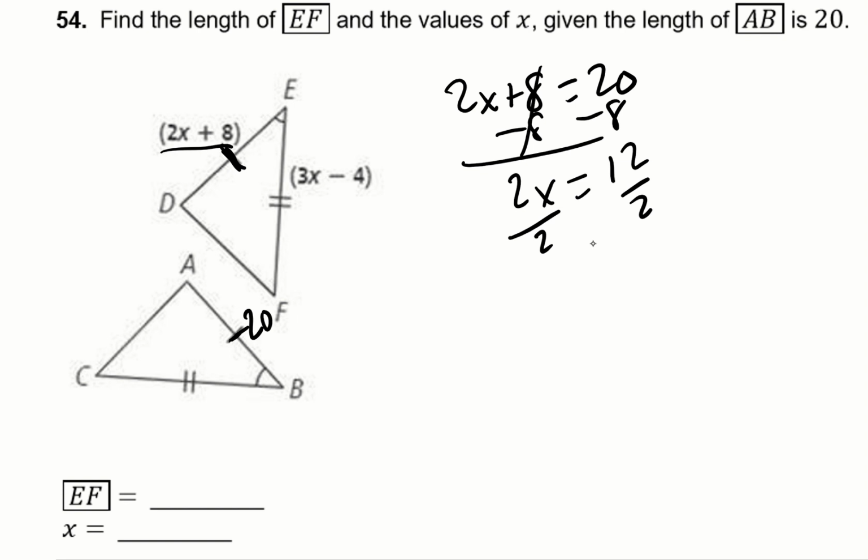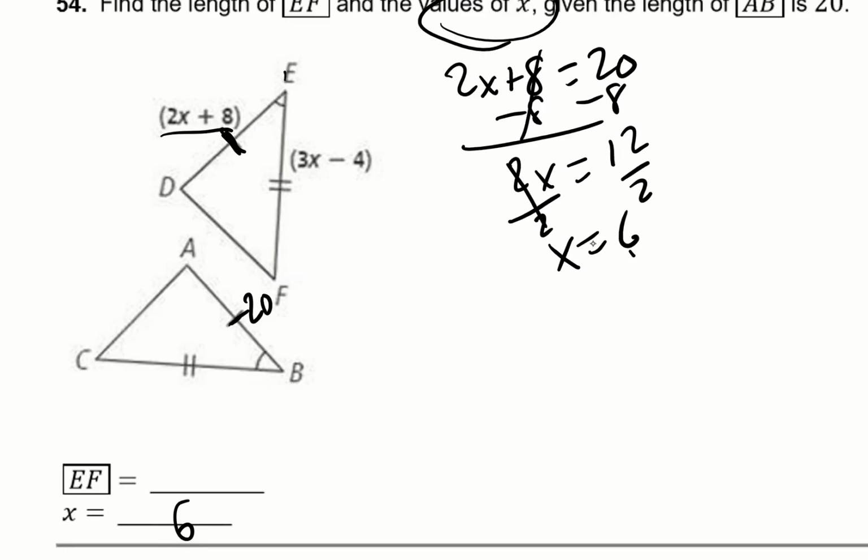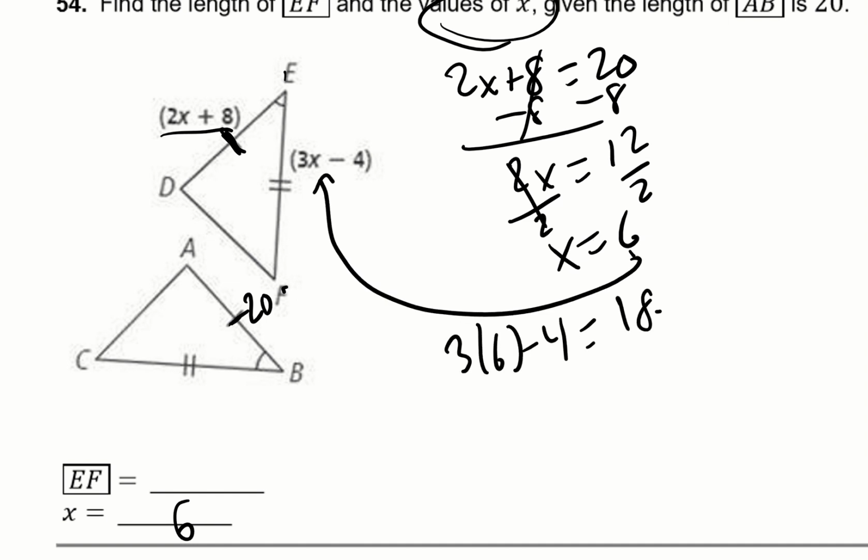Divide by 2 on both sides, so x is 6. And if we want to get EF, then we plug this into EF. So we get 3 times 6 minus 4, which is 14.